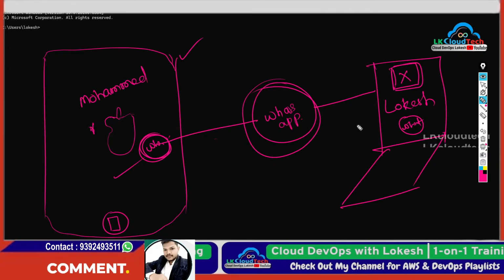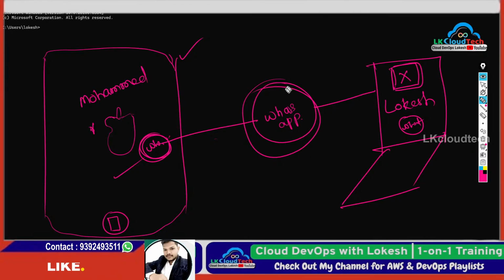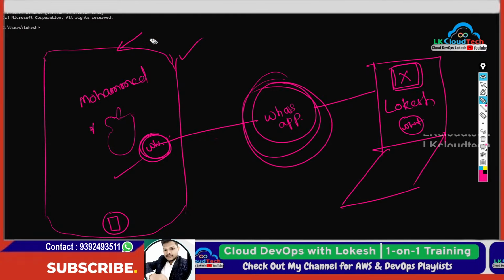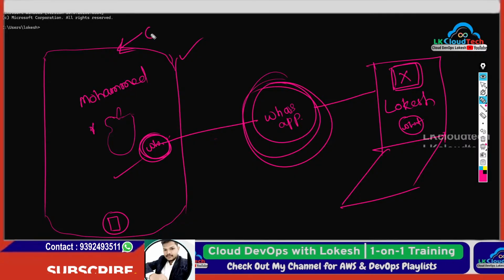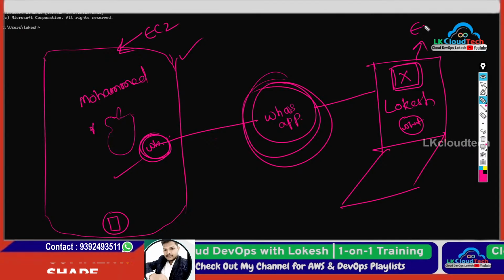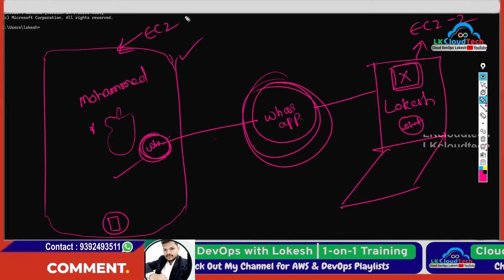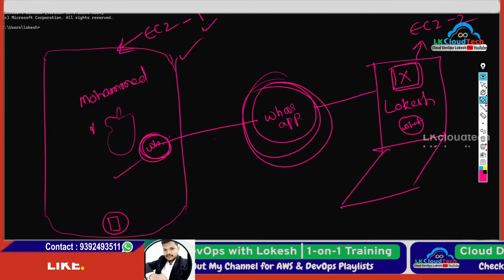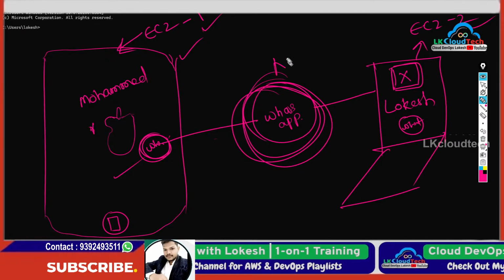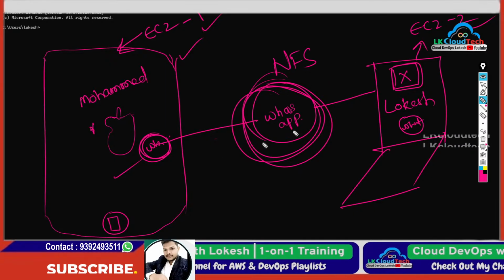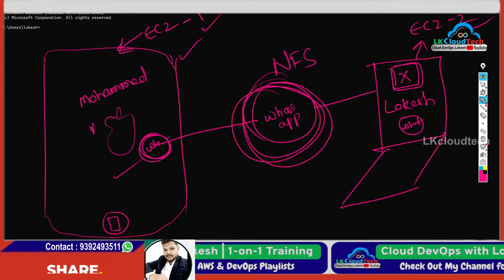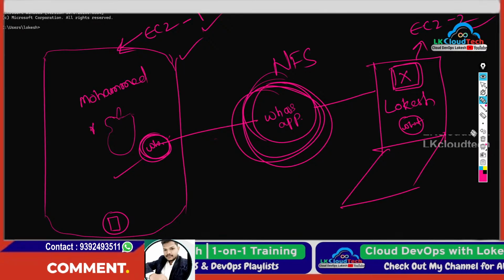You understand? This Mohammed's mobile you can consider as EC2 1. This Lokesh's laptop you can consider as EC2 2. This is one instance, and this is one instance. To talk to each other, by using NFS, we are sharing the files. That's it. Simple. You understood now, right?